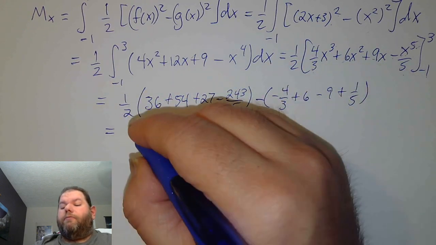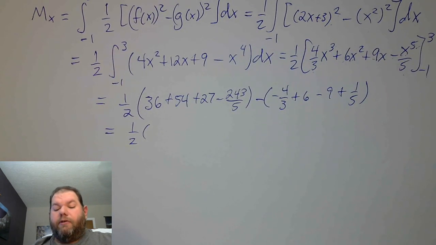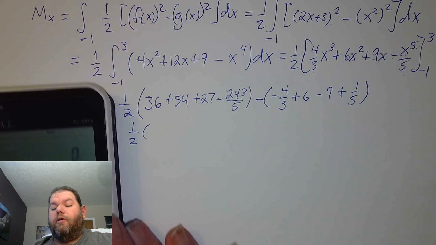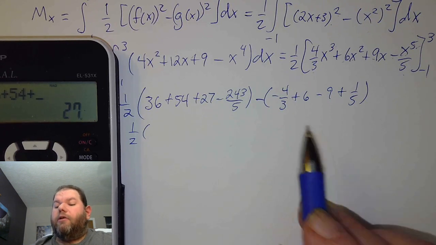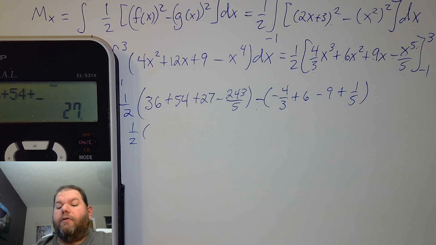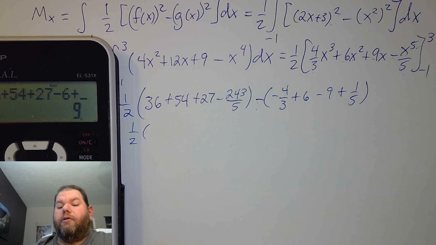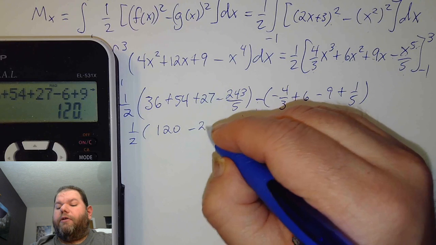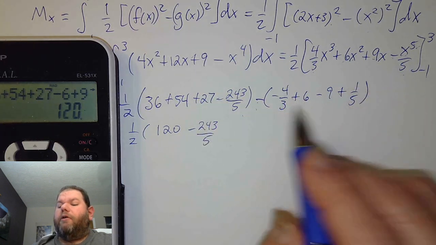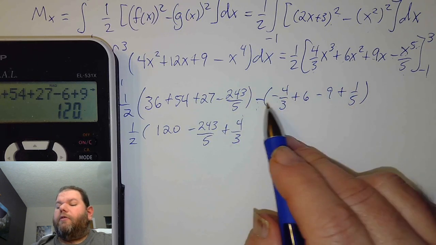So we get 1/2, and then let's see, we have 36 plus 54 plus 27, and then we have a -6 and plus 9. So now we're going to have 120. We know we're going to have minus 243 over 5. We'll have a plus 4/3, and then minus 1/5.